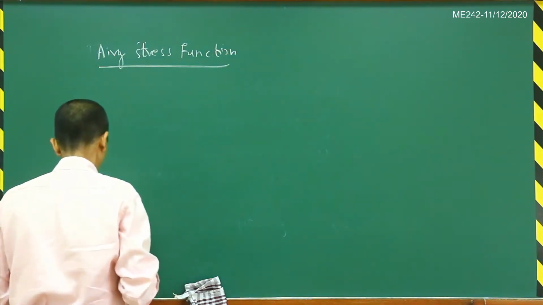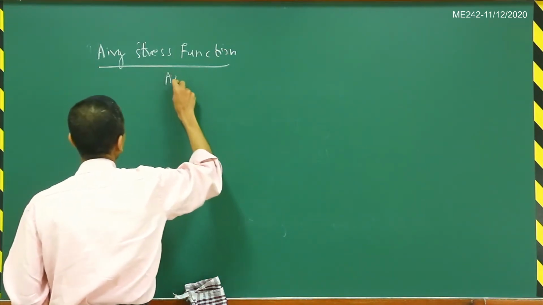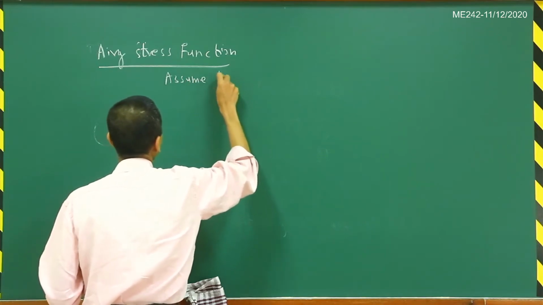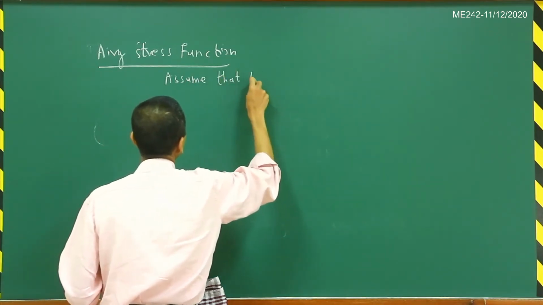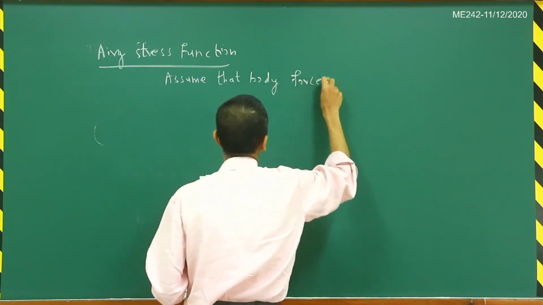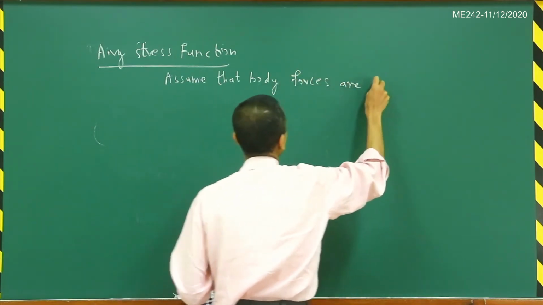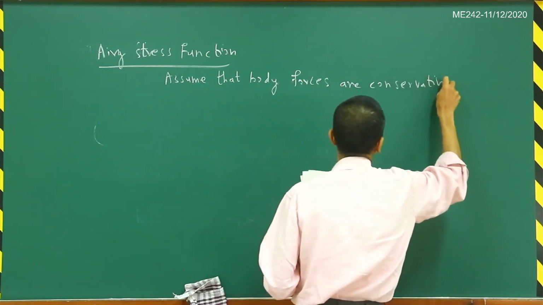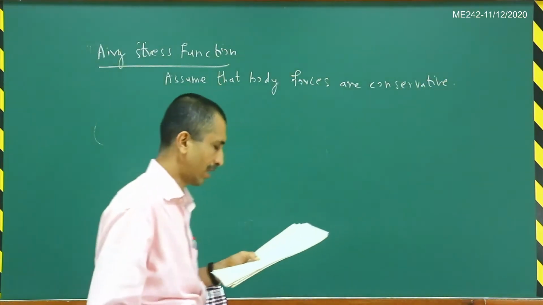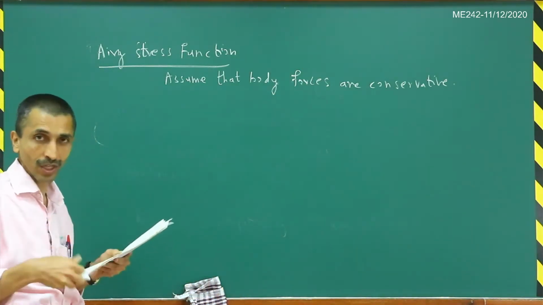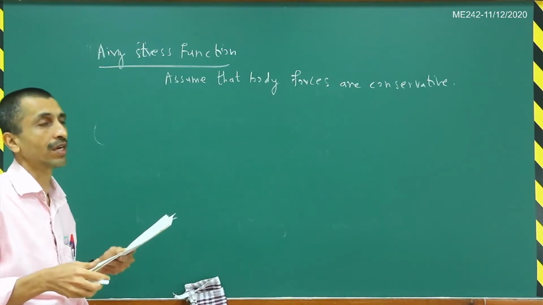We'll assume that the body forces are conservative. What we mean by this is that there exists a potential from which we can derive the body forces.